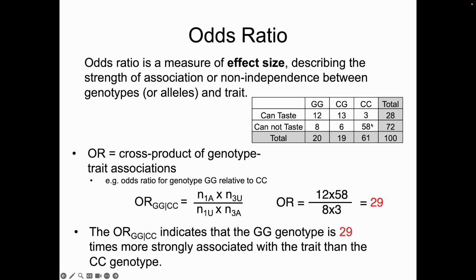And then if you look at the other genotype that we want to compare, 58 homozygous Cs can't taste it, 3 can. And so, right, you're doing that cross multiplication, 12 times 58 divided by 8 times 3, and that's a huge difference, right? So your odds ratio of being able to taste this thing is way stronger if you have the GG genotype.